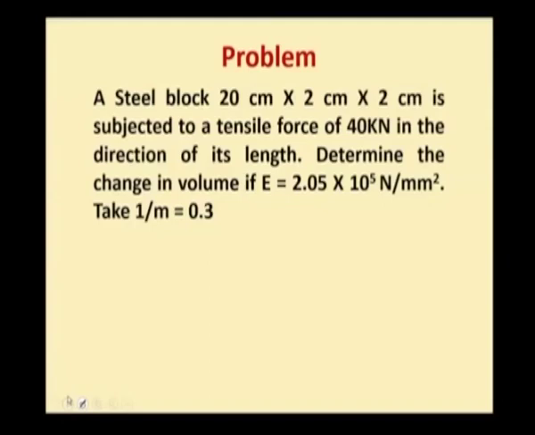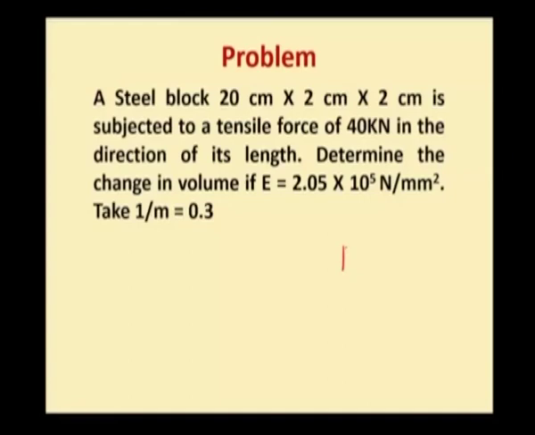Now, we shall see one example problem. A steel block 20 centimeter by 2 centimeter by 2 centimeter is subjected to a tensile force of 40 kilonewton in the direction of its length. Determine the change in volume if capital E equals 2.05 into 10 power 5 Newton per millimeter square. Take 1 by M, which is Poisson's ratio, equal to 0.3.